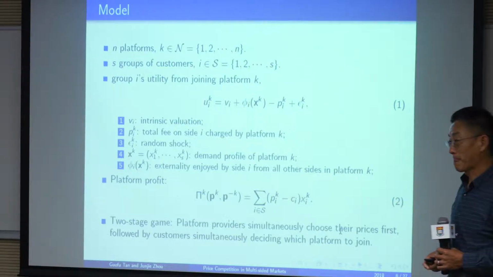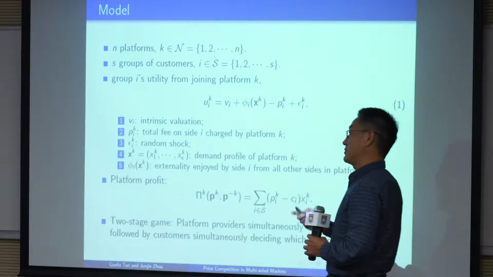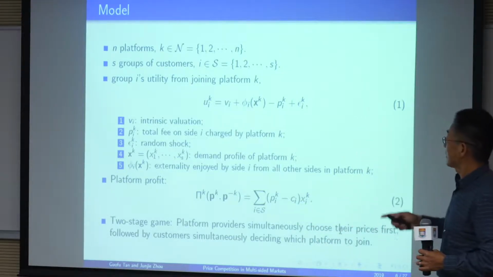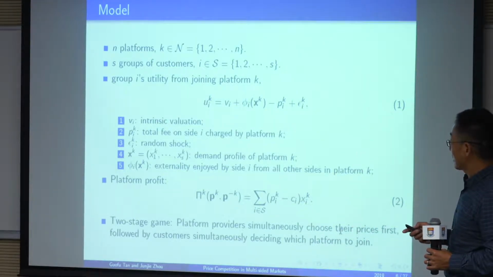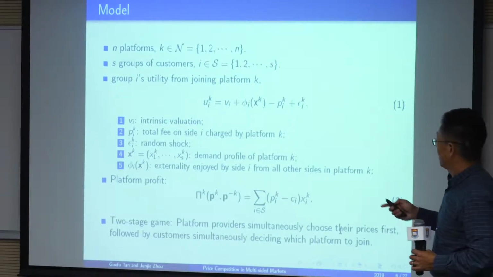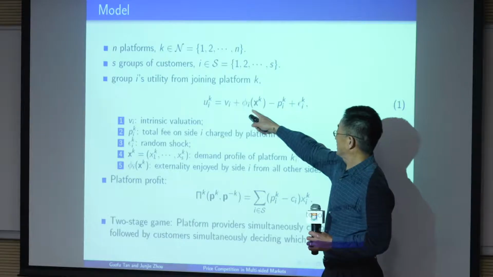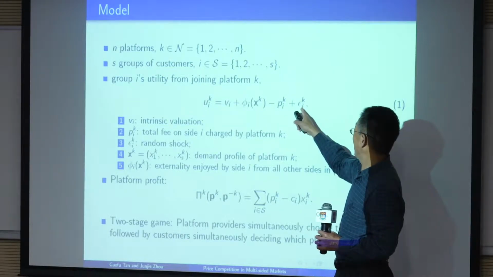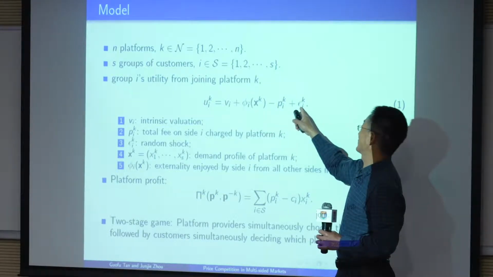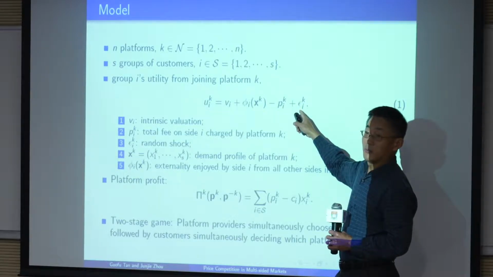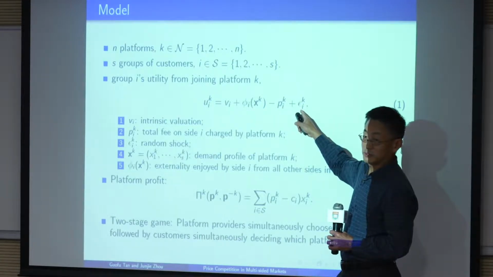Let me spend a couple of minutes to describe the analysis. I did not try to specify in further detail, for example, how epsilon is distributed. We allow any general distribution.